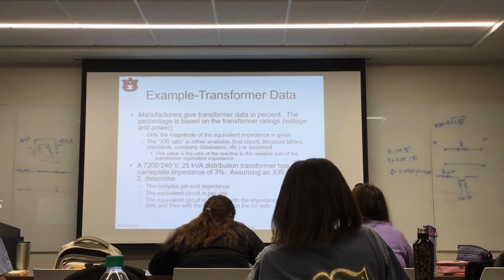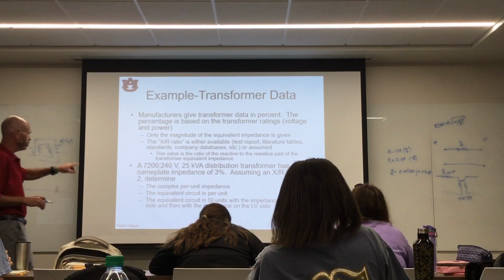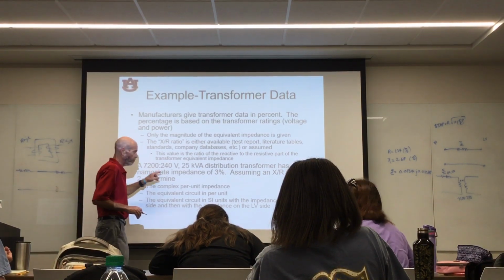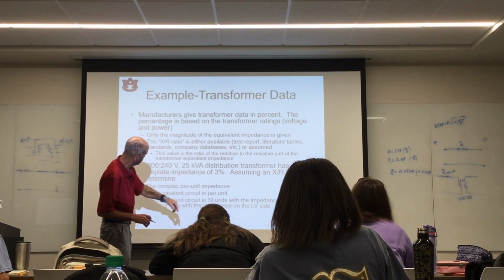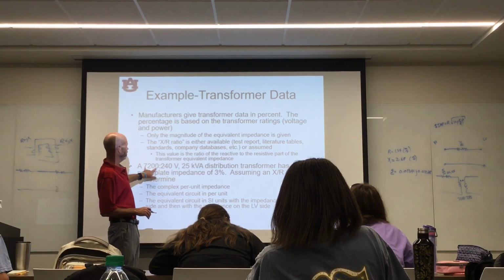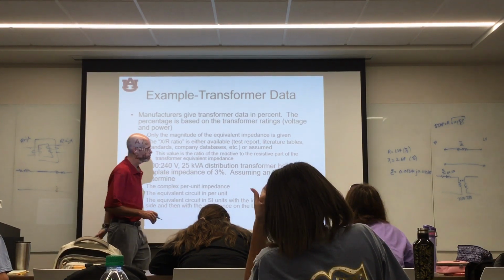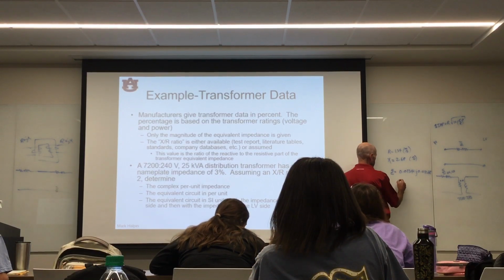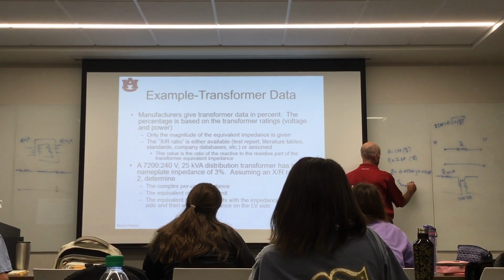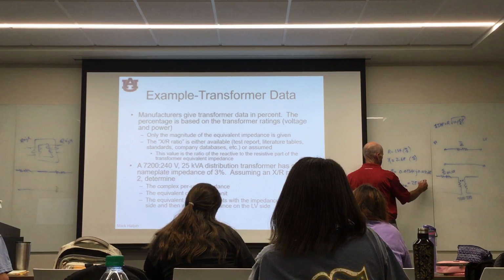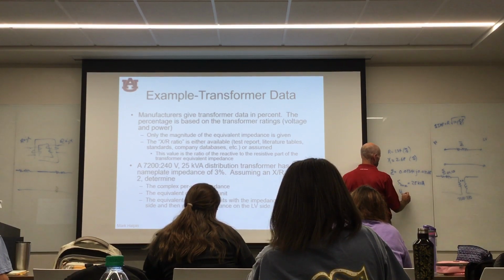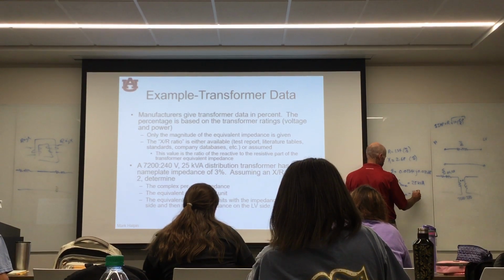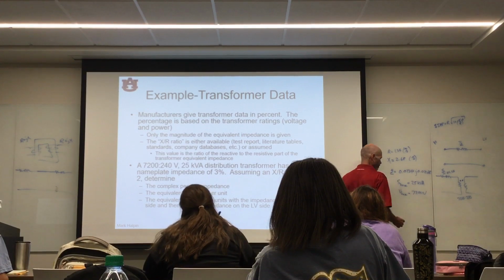And what did they pick? They picked the ratings of the equipment. For the high voltage side, which is where we're working, there's the voltage base and there's the power. So in this case, we could say that S base is 25 kVA and the voltage base is 7,200 volts.